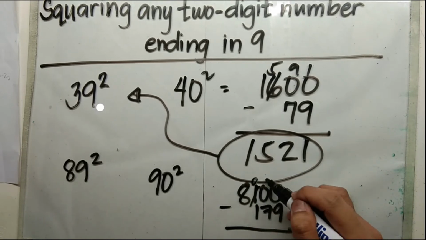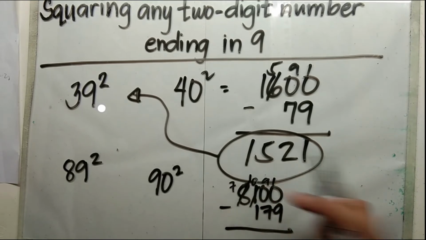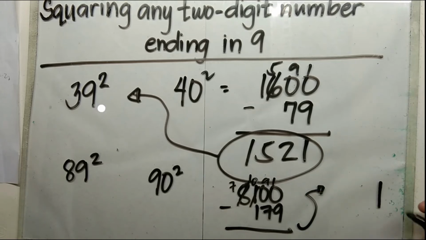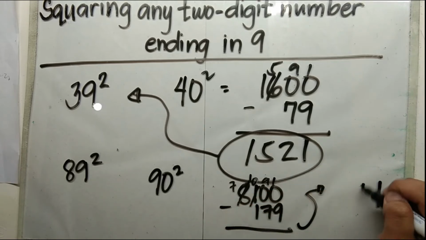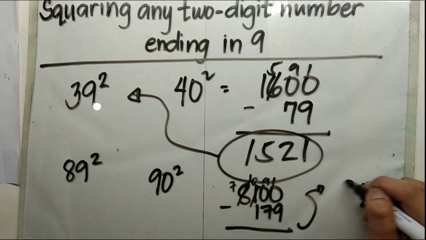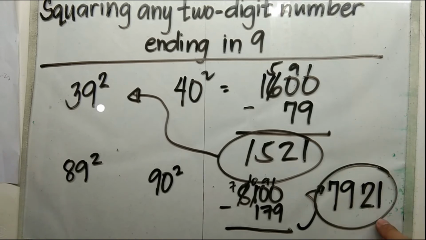So this will be 0, 9, 10. 8 will now be 7. That is 10. So 10 minus 9 gives you a value of 1. 9 minus 7, 2. 10 minus 1, 9. Then bring down 7. Now, the square of 89 is the same as 7,921.